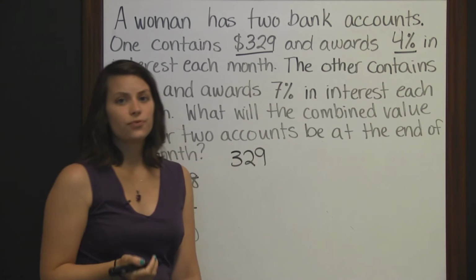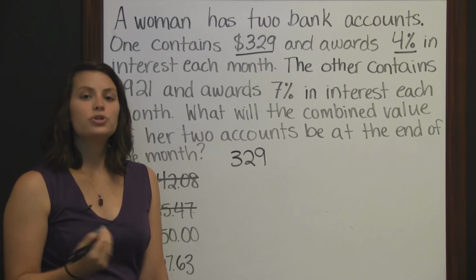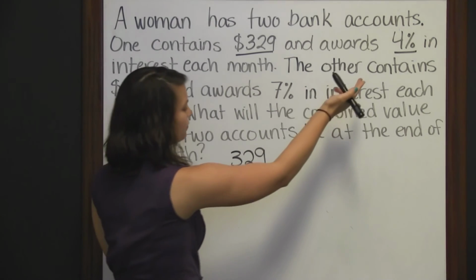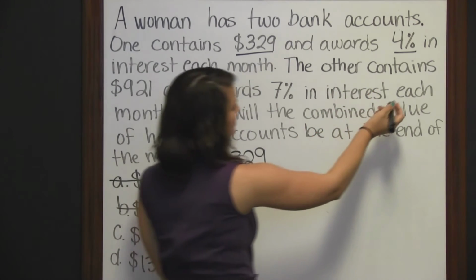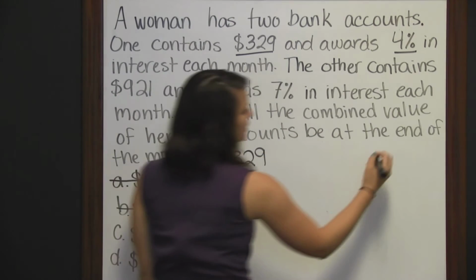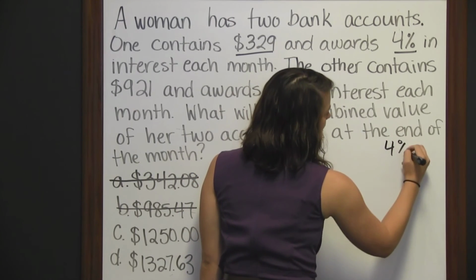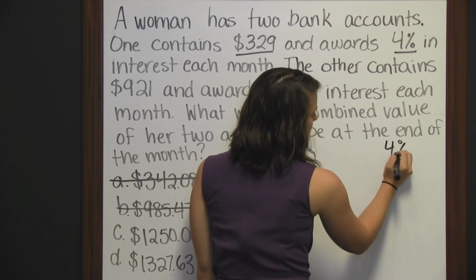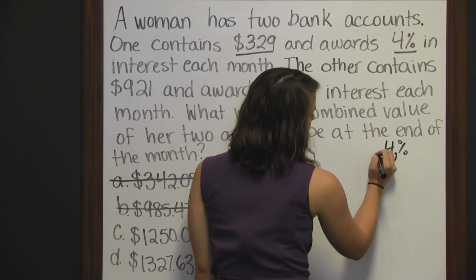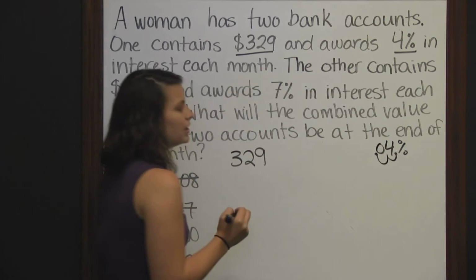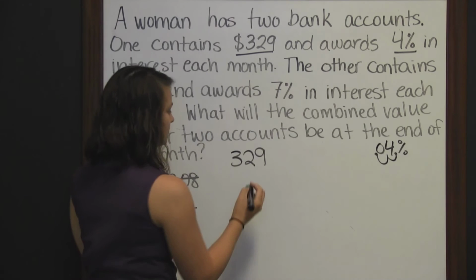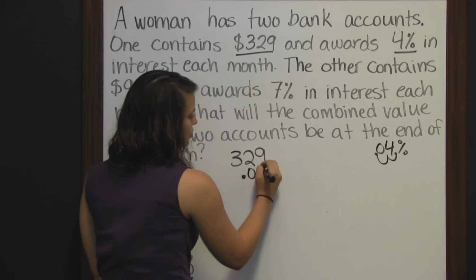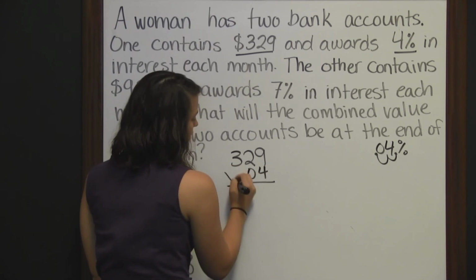$329 times 4%, which means we have to change our percent, 4%, into a decimal. So 4% as a decimal, the decimal's in the back, move it 2 places to the left, is 4 hundredths. So we're multiplying 329 times 4 hundredths.